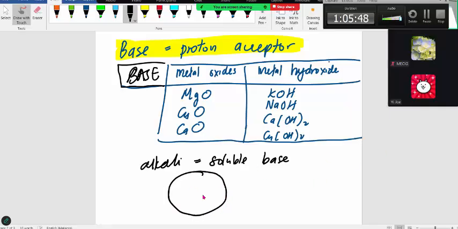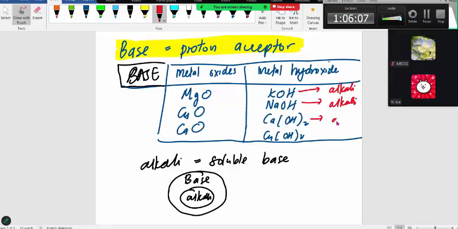So all alkali is base, but not all base is alkali. So for example, this one can dissolve in water, so this one alkali. This one can dissolve in water, this one alkali. This one can dissolve in water, this one alkali. This one cannot dissolve in water, so it's just base.